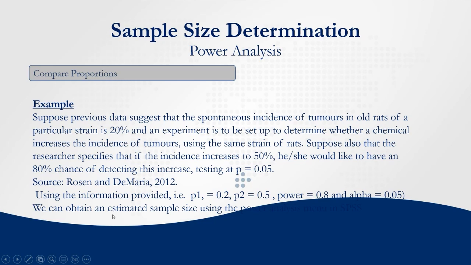I got it from an article. I think I've referenced the article, but the source is not here. So suppose we have data that suggests that the spontaneous incidence of tumors in old rats of a particular strain is 20%.